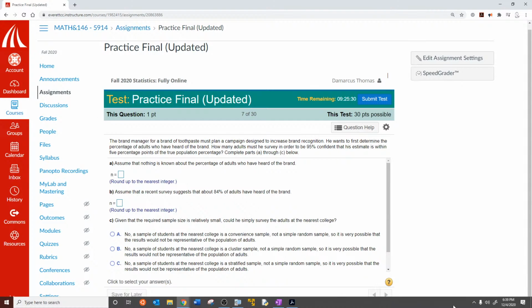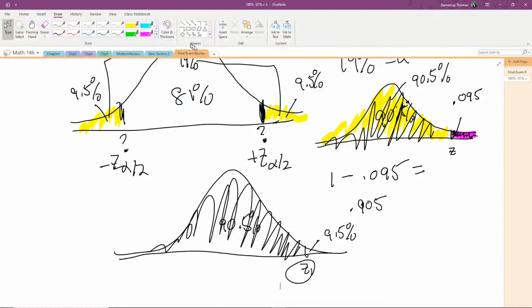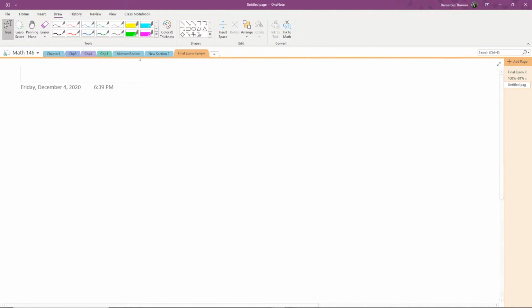Let's see if we can recall the formula. The number of people sampled, and let's just double check, it's the margin of error. Actually, hold on. Let's hold up.